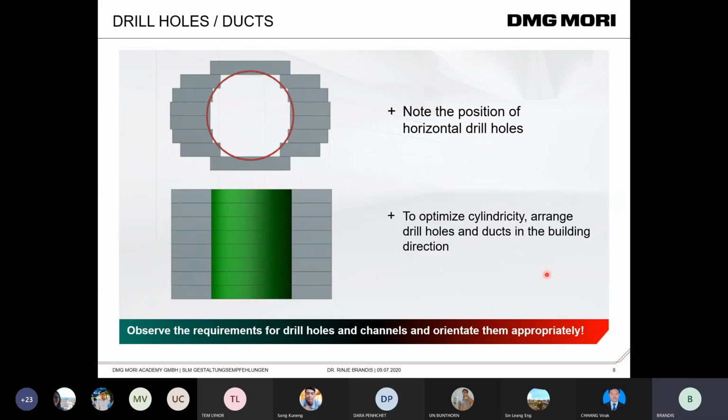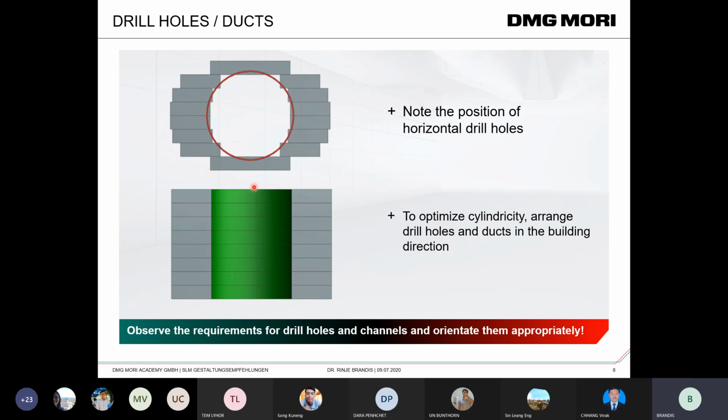If you want to integrate holes and pipes, if they are designed in a horizontal direction, you normally will get here not a circle, but something like this. It's again our step effect. So these are the slices of our part.